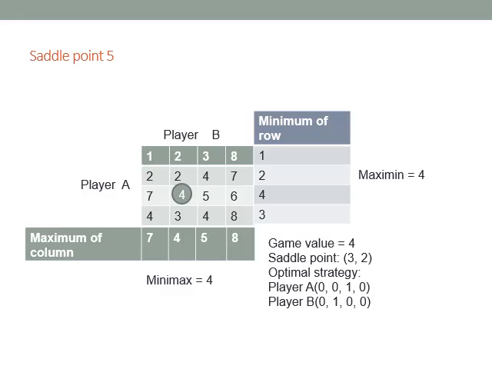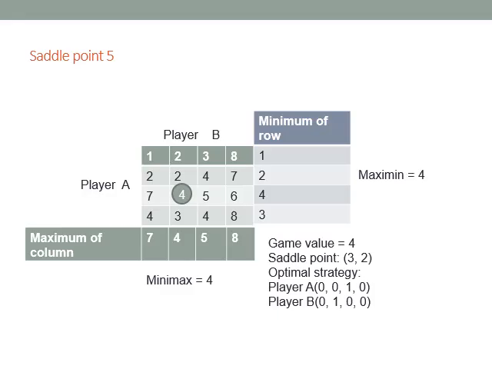And for player B, he will choose strategy number 2, and he will neglect strategy number 1, 3, 4.